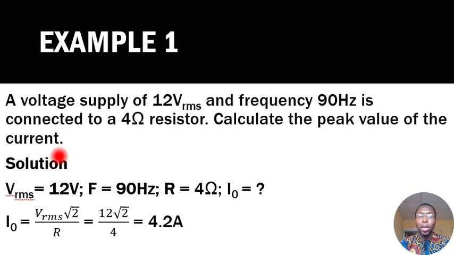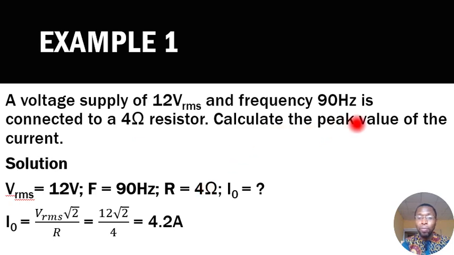Okay, so let's write out our parameters. We are given a root mean square voltage of 12 volts, and a frequency of 90 Hz. The frequency of the voltage supply is 90 Hz. That's F, and then a resistor with resistance value of 4 ohms is given.